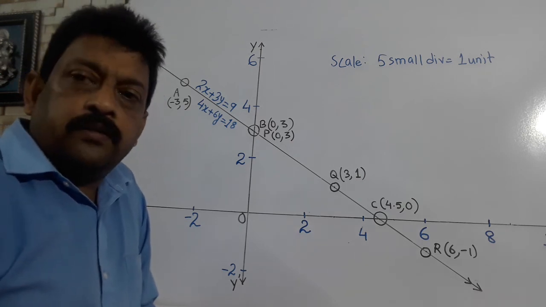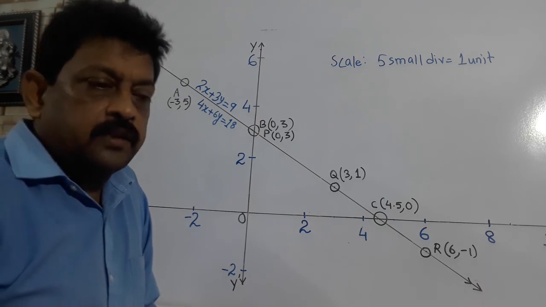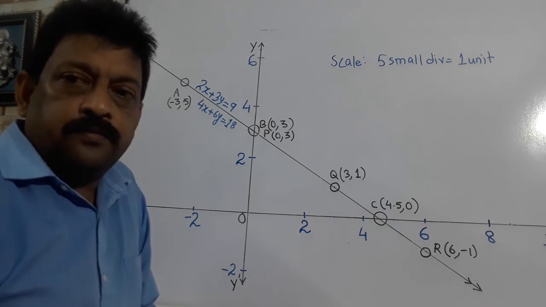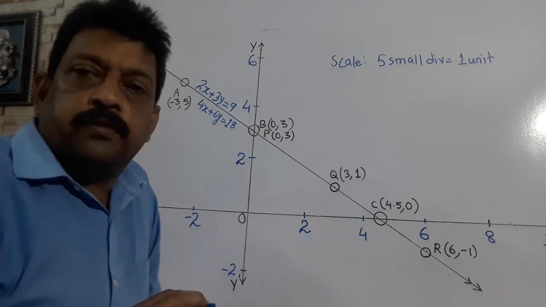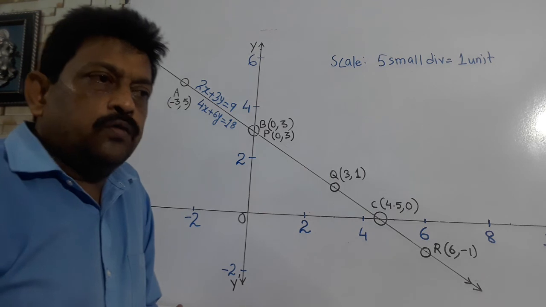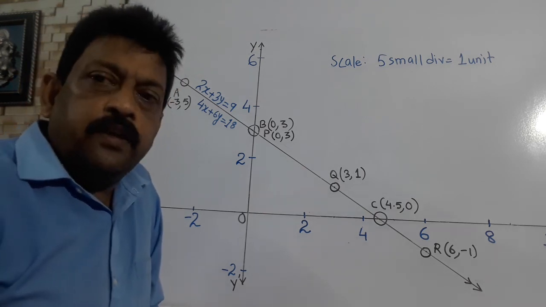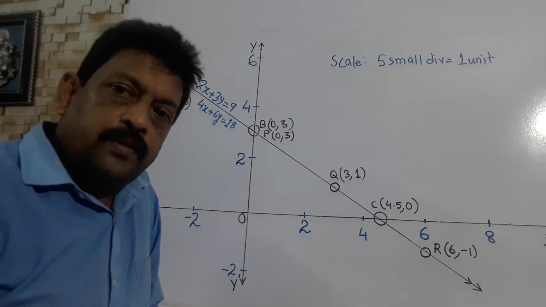So there we will obtain three kinds of pair of lines. Either they will be intersecting or parallel or coincident, like this one. Understood? So in the next class I'll show you how to solve equations graphically if they form intersecting lines.